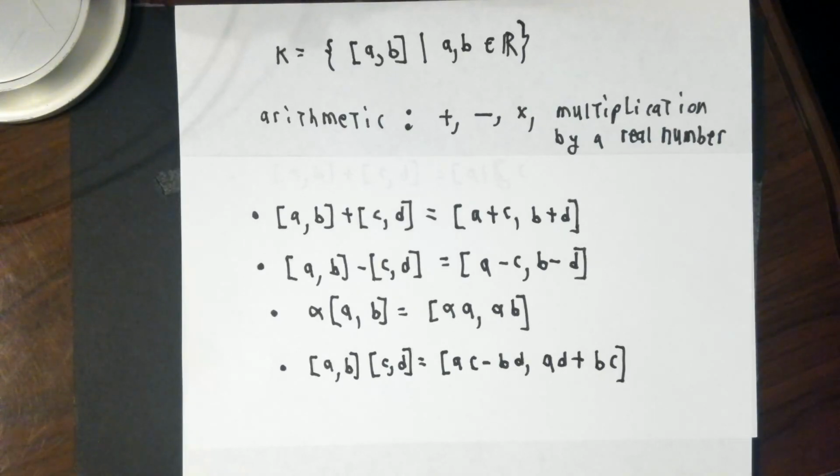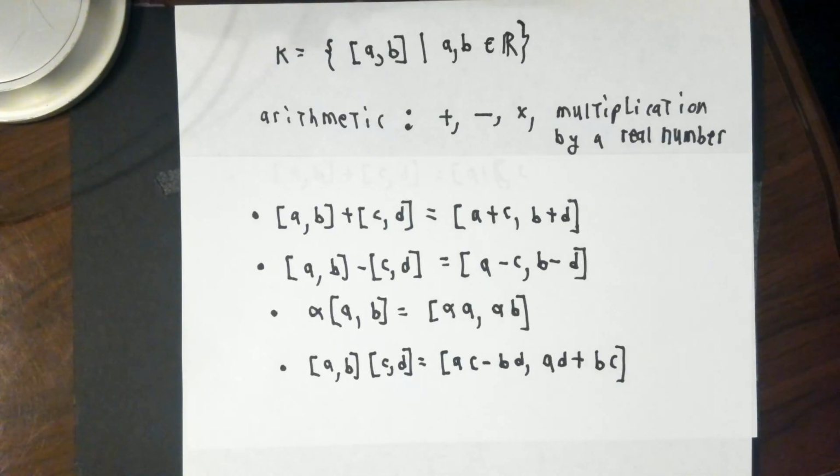Given any four real numbers, A, B, C, and D, I can form the quantity bracket A comma B bracket and the quantity bracket C comma D bracket. This is going to be one of the objects out of K. The number in the first position is going to be AC minus BD, and the number in the second position is going to be AD plus BC.